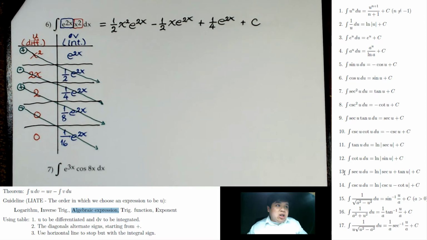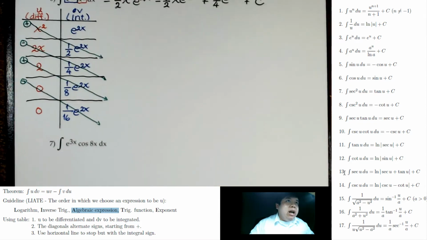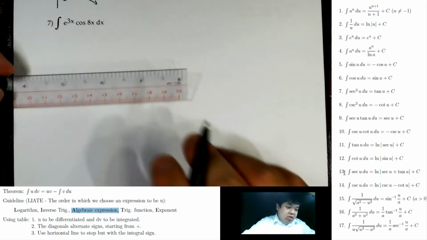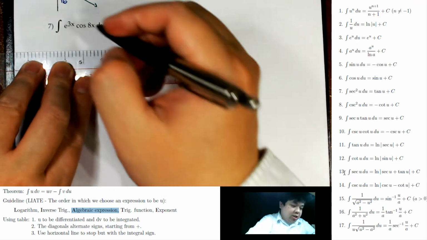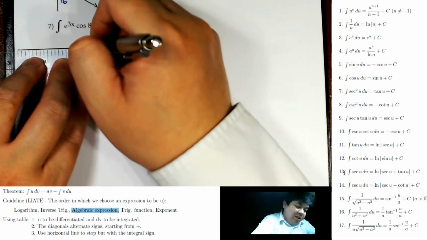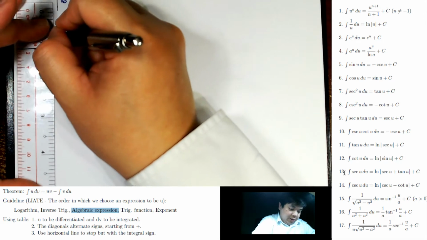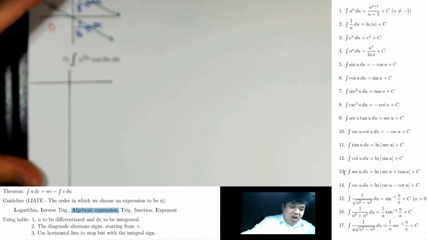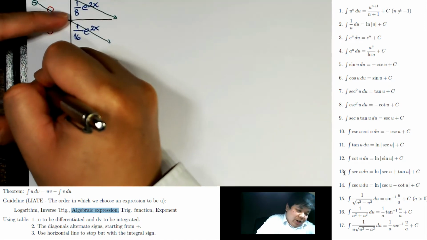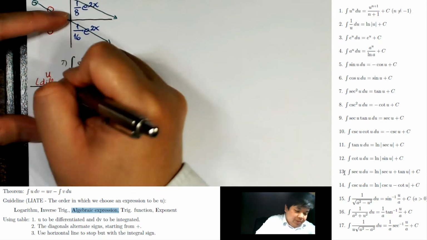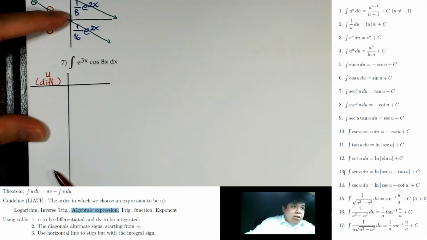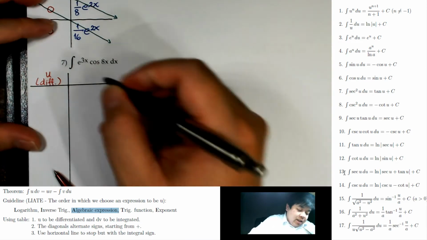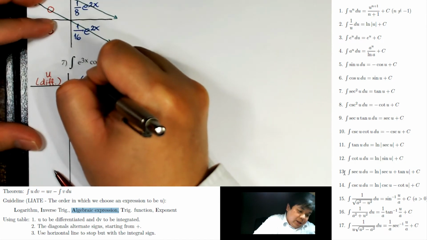Right, next one, a little bit more complicated. We still use the table, slightly different, but still use the table. So u to be differentiated, and then the v to be integrated.